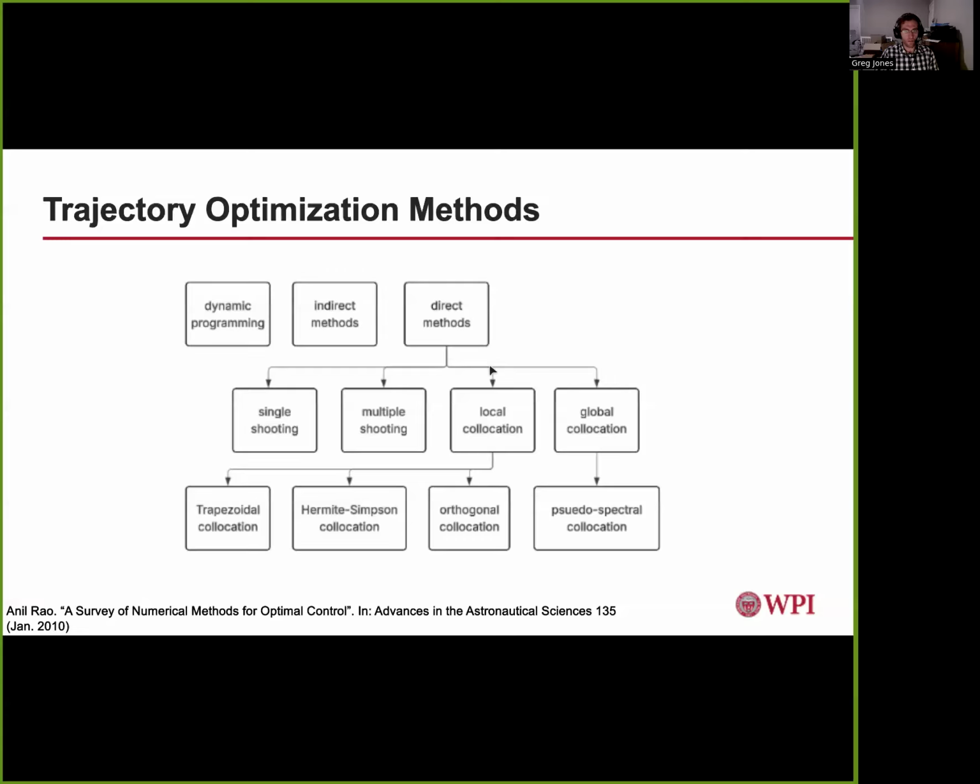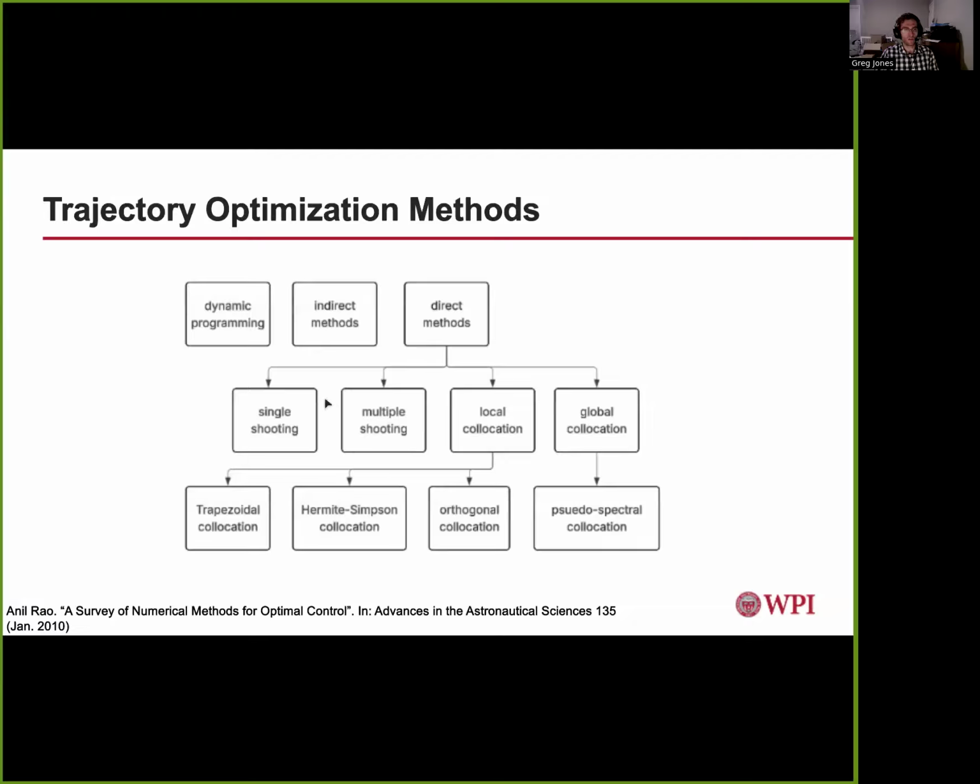And then under direct methods, you have shooting methods and collocation methods. For shooting methods, the main idea is that in order to satisfy the dynamics of motion of the physical robot, numerical integration or simulation is used.